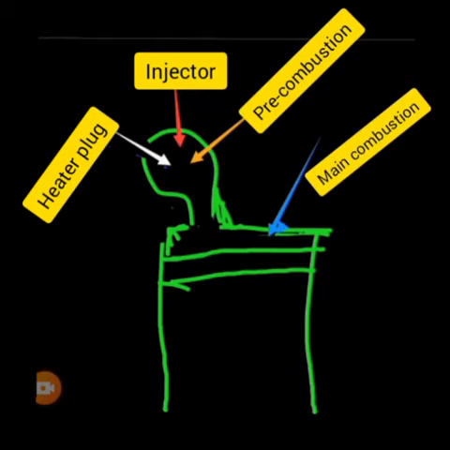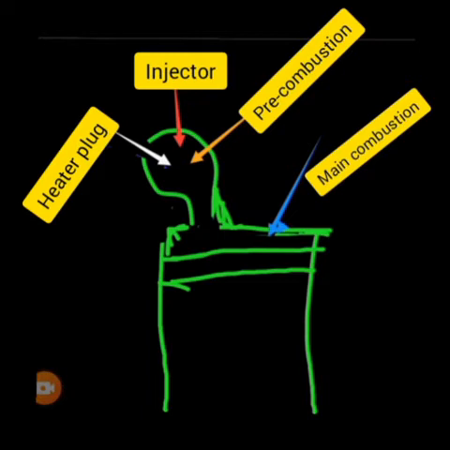A little combustion has already taken place in this little hole named the pre-combustion chamber, but the heat of that combustion transfers to the other side, to the main combustion.